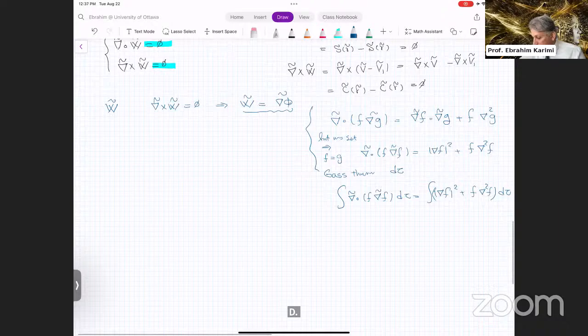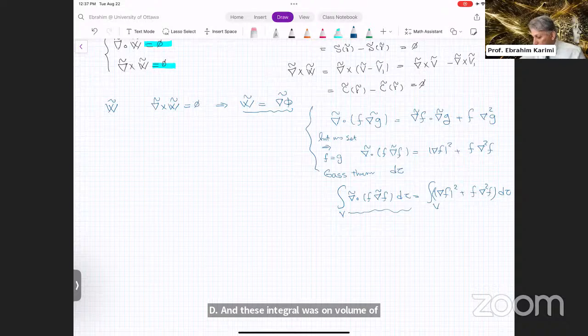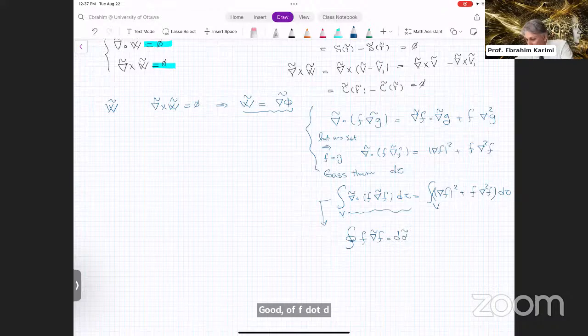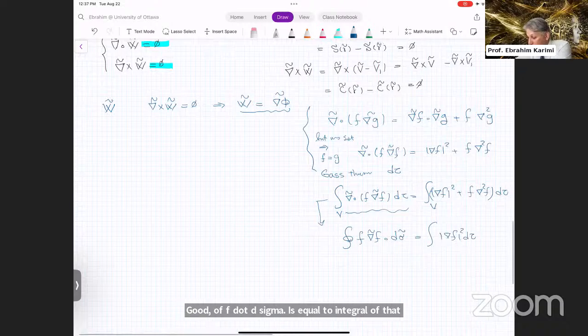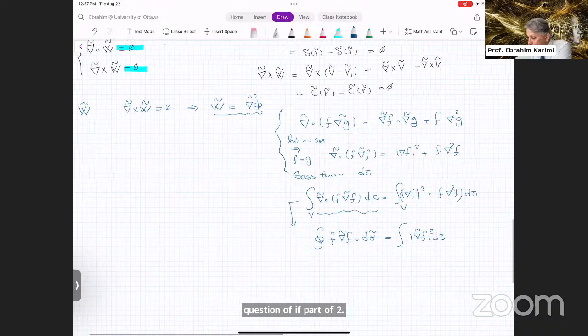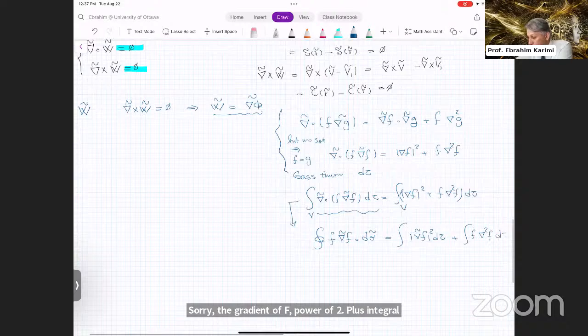And this integral was on the volume of V. We bring this integral from the volume to the surface. I will get the integral of F gradient of F dot d sigma is equal to the integral of gradient of F to the power of 2 plus the integral of F Laplacian of F d tau.